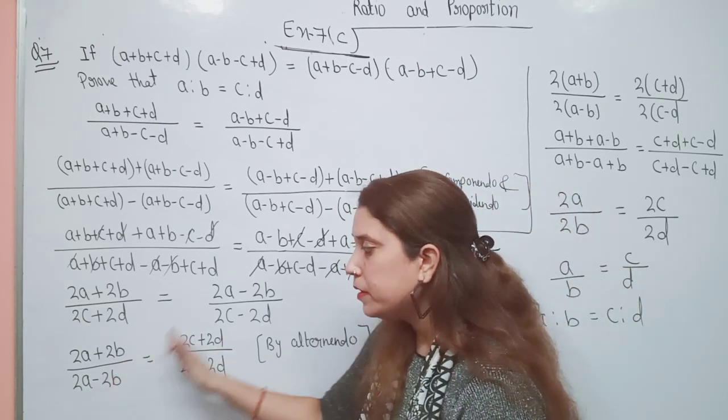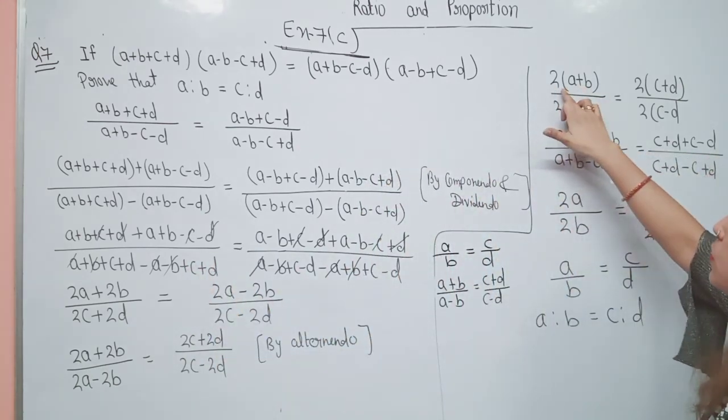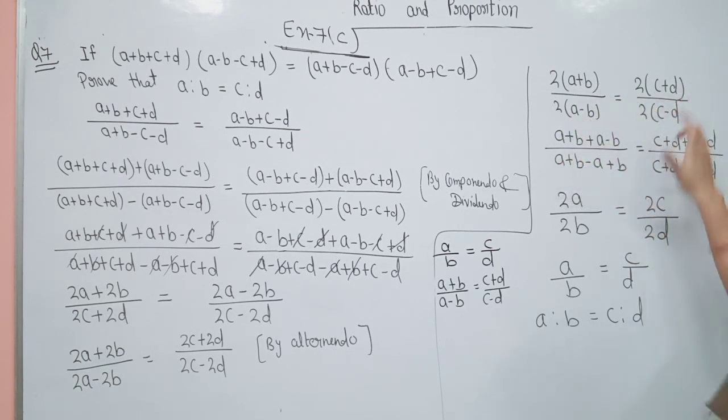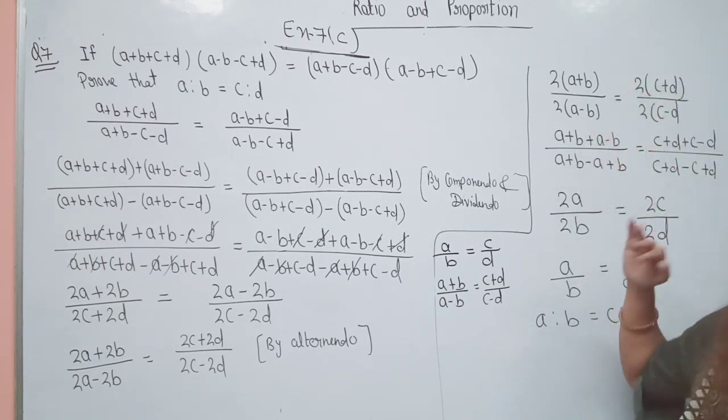What is common? 2, take 2 common. So it will be a plus b upon a minus b is equal to c plus d upon c minus d. And after that again we will apply componendo and dividendo.